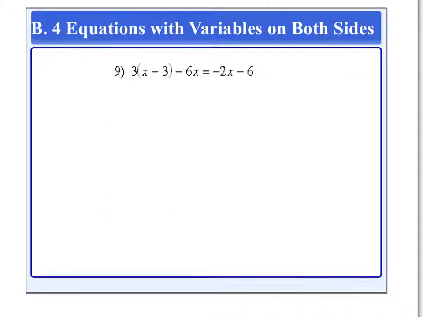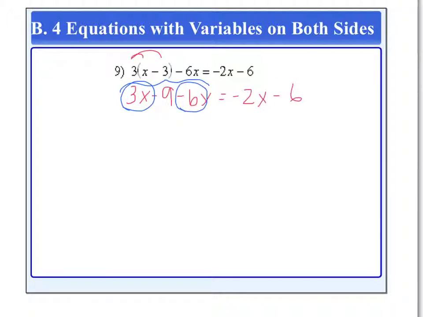Next one, we've got grouping symbols again, so I'm going to distribute. 3x minus 9 minus 6x equals negative 2x minus 6. Now the one thing I want you to notice is on this side there's stuff that we can combine right off the bat. 3x minus 6x is negative 3x minus 9 equals negative 2x minus 6.